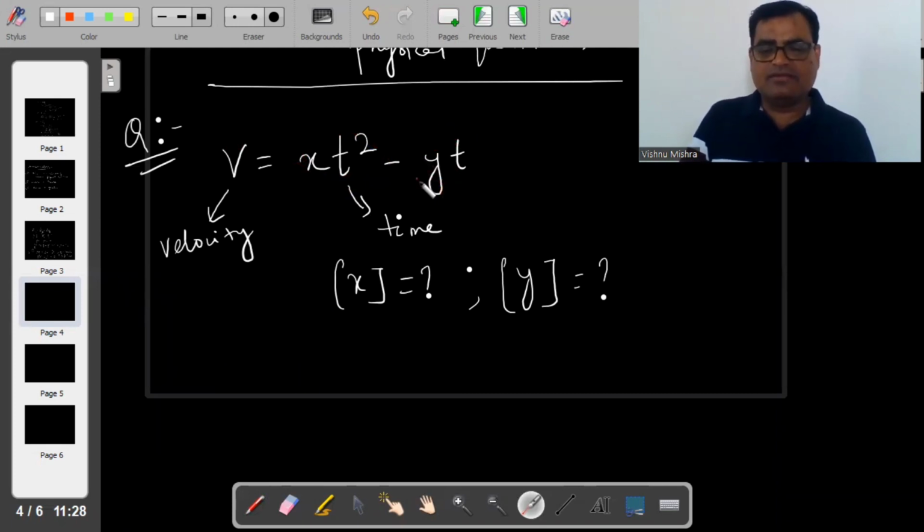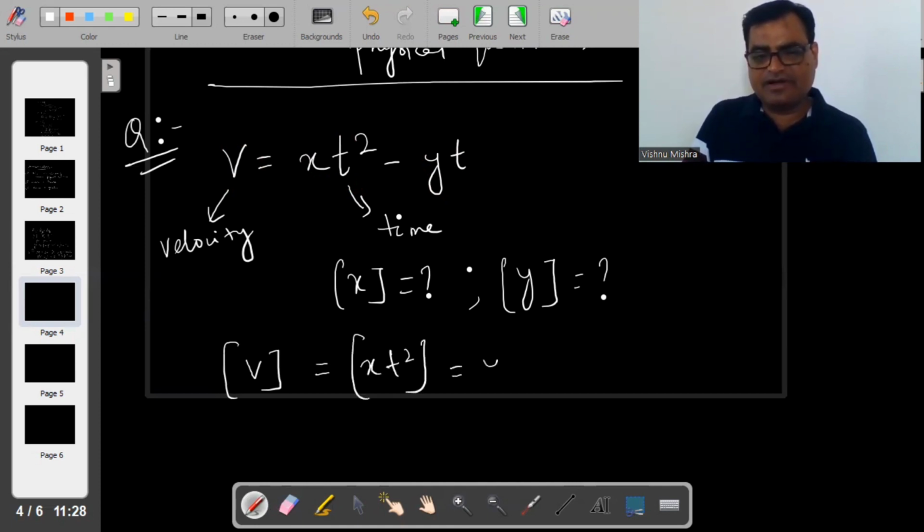Already I told you that plus minus dimension is the same. So dimension of v is equal to xt square, that is equal to yt. Why? Because plus minus dimension is the same. So here you just have to find out plus minus.